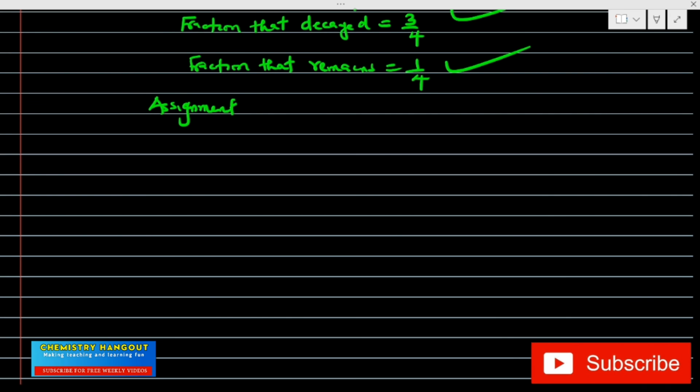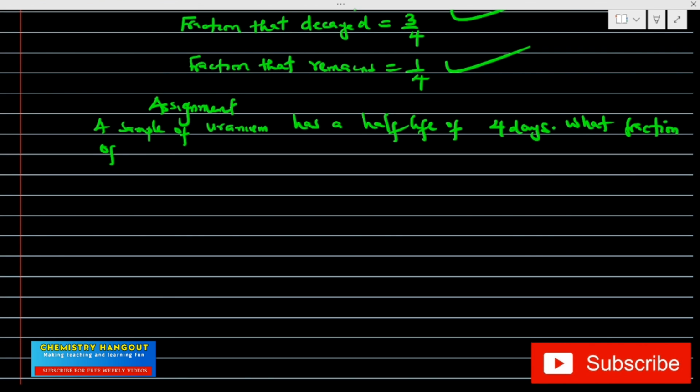It said a sample of uranium has a half-life of 4 days. What fraction of the sample remains after 24 days?